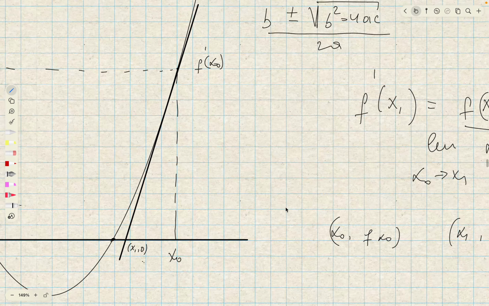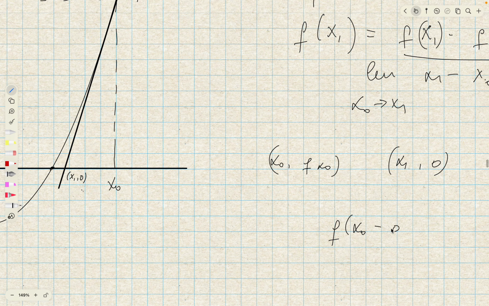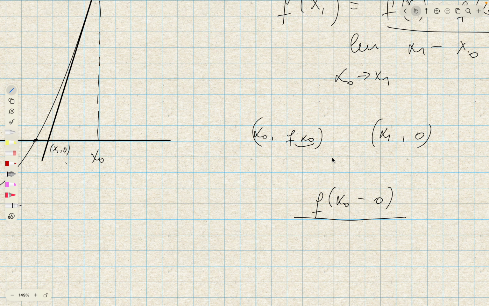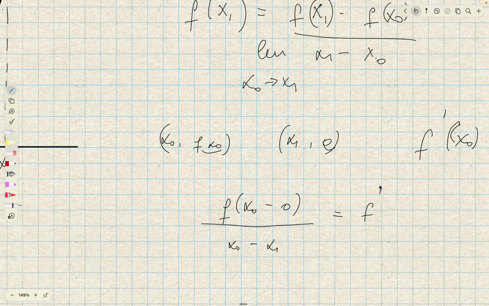So it will be f(x0) minus 0, divided by x0 minus x1, these being the y-coordinates and x-coordinates of the points this line passes through, is equal to f'(x0).